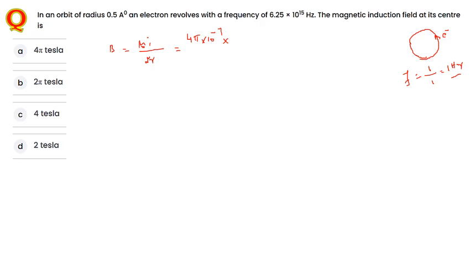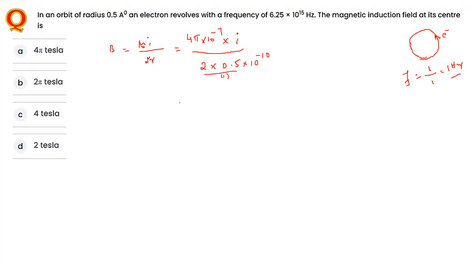The current value they didn't give, so I keep it as I, divided by 2 into the radius, which is 0.5 angstrom. Angstrom means 10 power minus 10. Multiplying 0.5 into 2, that is 1 by 2, 2 will be cancelled, so the answer here is 1.